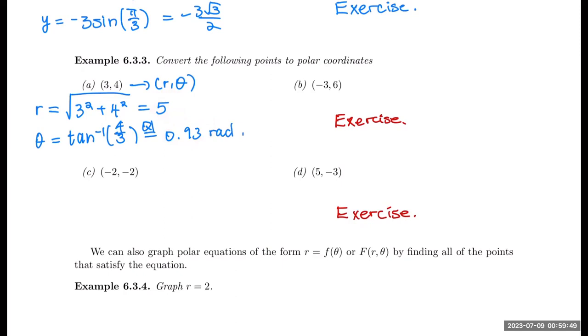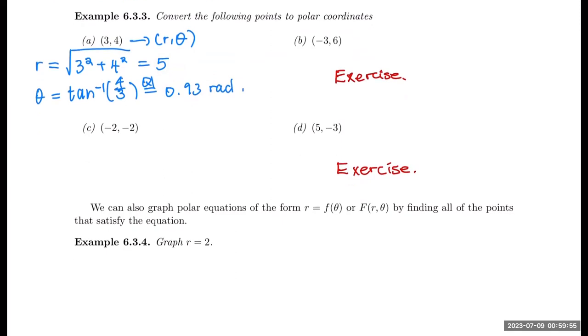Okay, so let's have a look at the second one, or part C. We do the same thing. We use Pythagorean theorem, so we have negative 2 squared plus negative 2 squared, which is the same as 2 root 2. So that's going to be your radius.